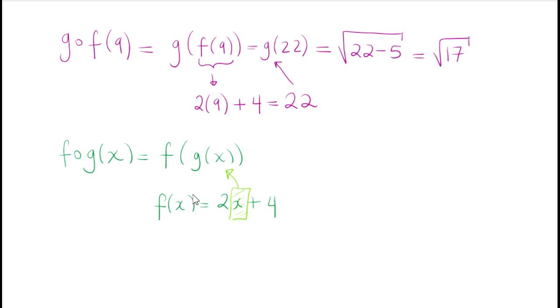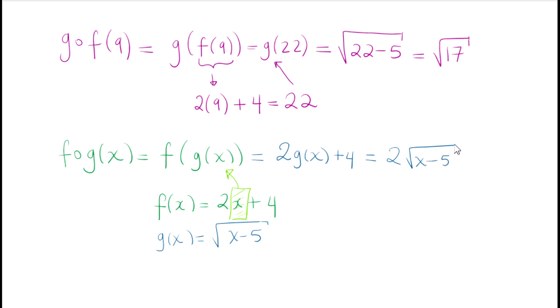So if you insert g in f, it's going to be 2 times g of x plus 4. You can write it as the final answer because you know what g is. g of x was the square root of x minus 5. So you plug that in for g, and it's going to be 2 times the square root of x minus 5, plus 4.